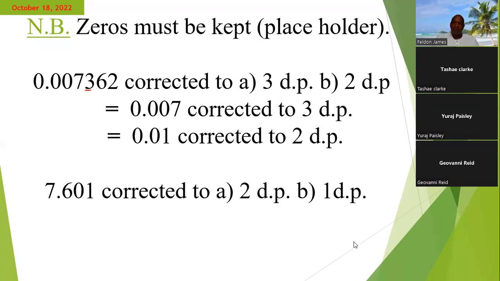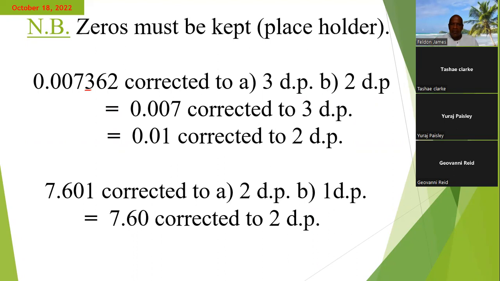Miss Clark? Yes, sir. 7.6. All right, so that would be 2 decimal places. That would be 1. So I hope everybody is really getting the idea of what rounding off really is.